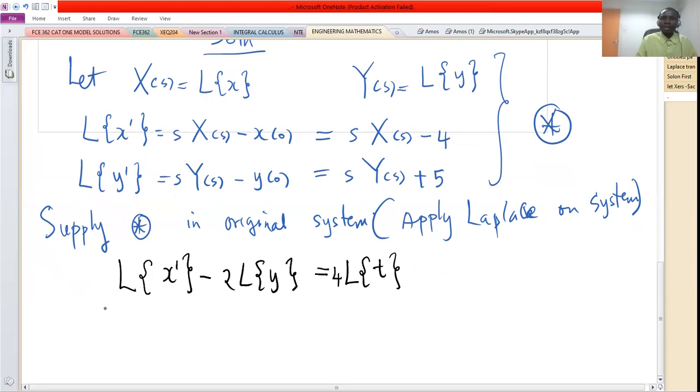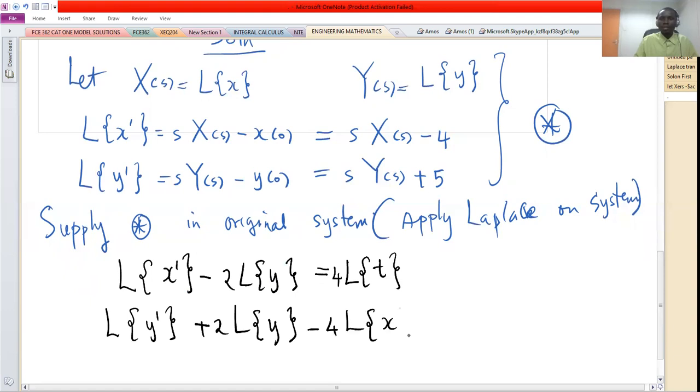And then the other one will be Laplace of y prime plus 2 Laplace of y minus 4 Laplace of x equals minus 4 Laplace of t minus 2 Laplace of 1.